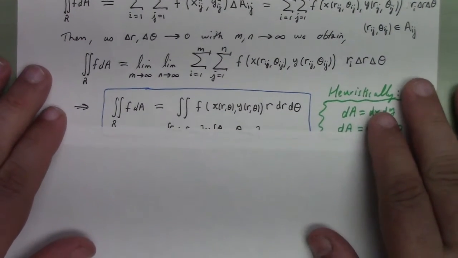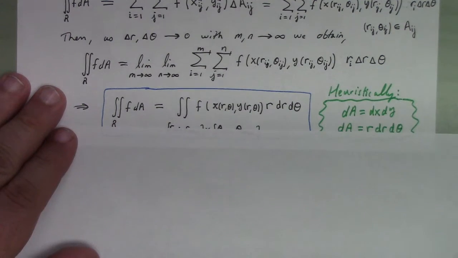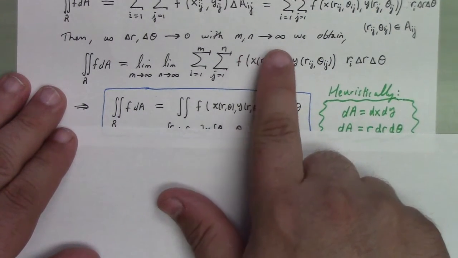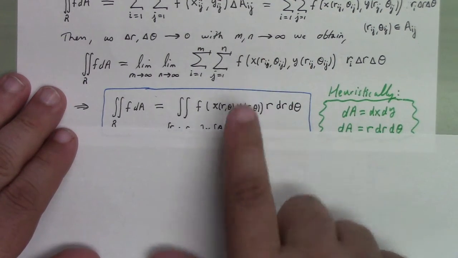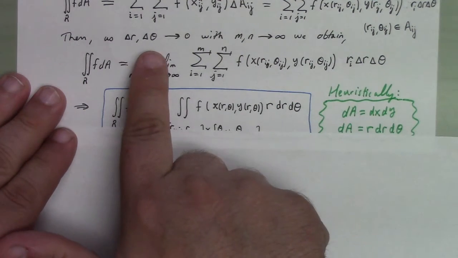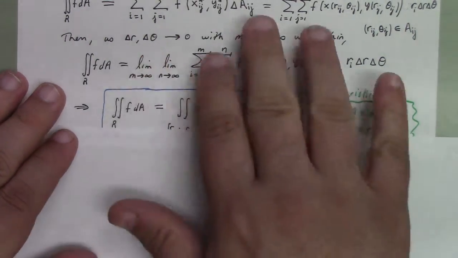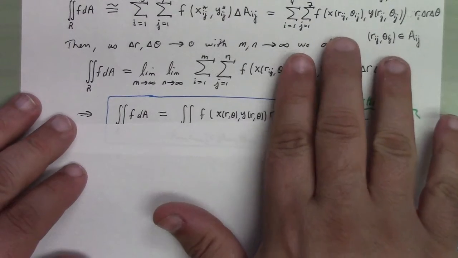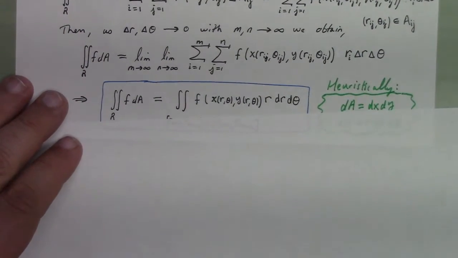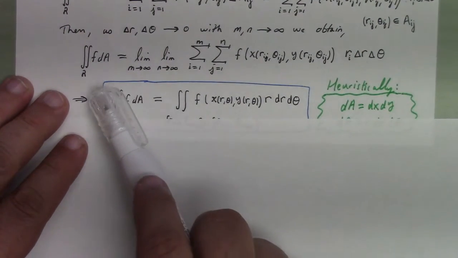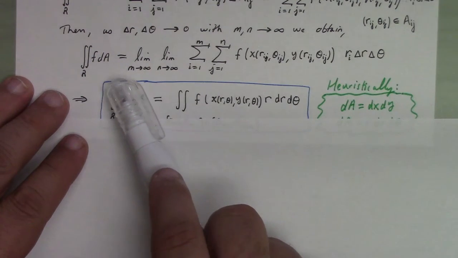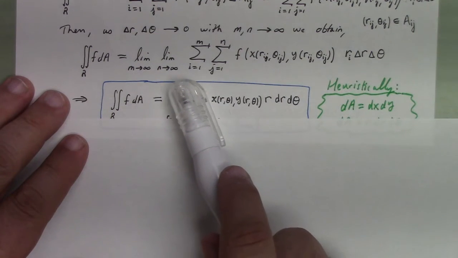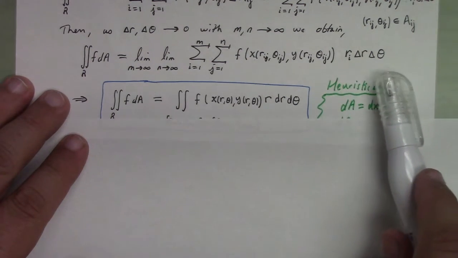But the point is, as we imagine more and more subdivisions, with the number of sectors going to infinity both in the radial and the angular sense, then of course delta r and delta theta shrink to 0, further motivating me ignoring that term because it's super tiny compared to everything else. And so we get this integral actually not being an approximation, but being equal to the limit as m and n go to infinity of this summation, right?